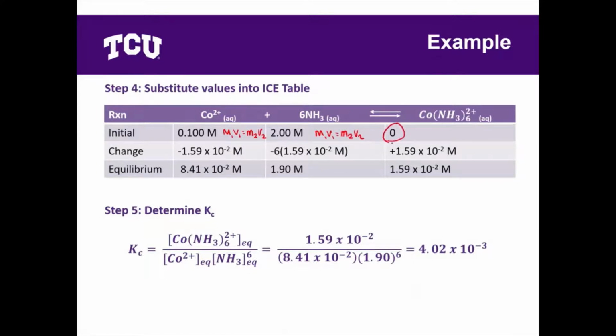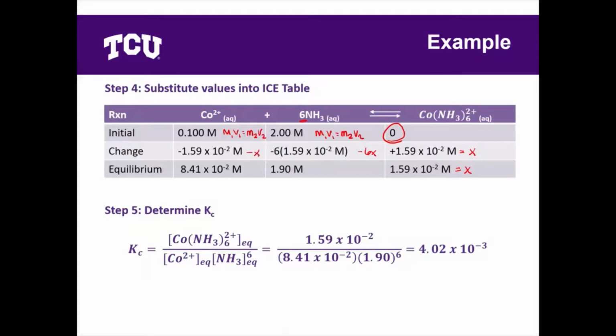And initially, we don't have any of our complex present. We found at equilibrium we had 1.59 times 10 to the minus 2nd molar of our complex present, which means that this value is equal to x. We know it was plus x here. We know this was minus 6x because we have a 6 in front here, and we know this was minus x for the changes.